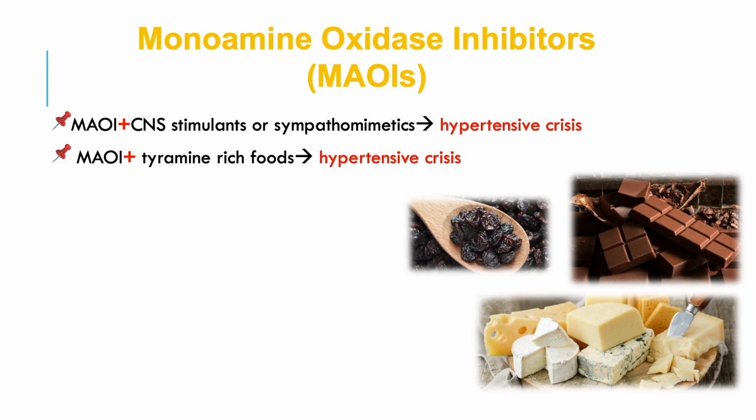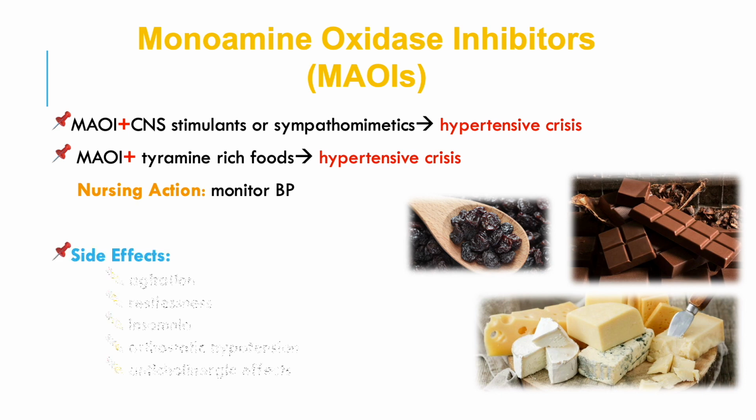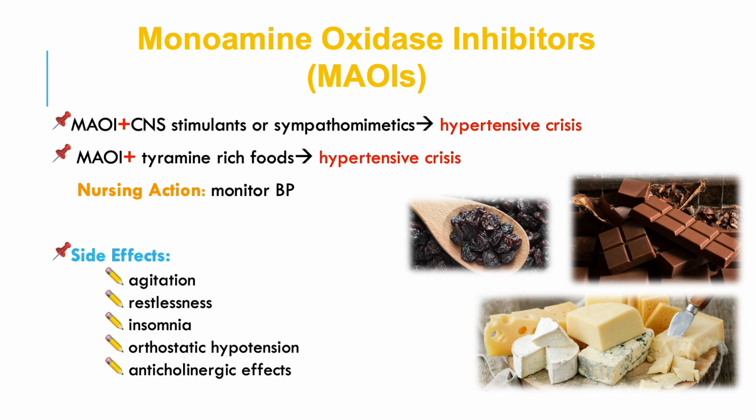So what is the nursing implication for this one? You need to monitor the blood pressure of the patient. Side effects of the medication include agitation, restlessness, insomnia, orthostatic hypotension, and anticholinergic effects.